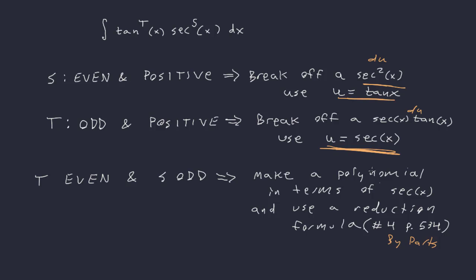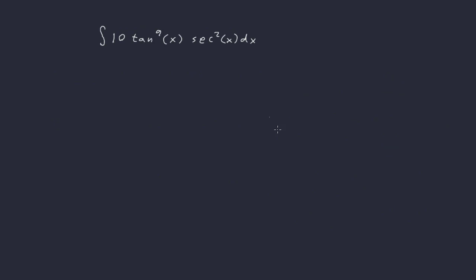But first, let's just look at an example of one of these simpler types that we could tackle. All right, so what we have here, we see this isn't actually that bad. A lot of times these tan and secant ones come out to be a bit nicer than the sine and cosine ones, because here we have secant squared.